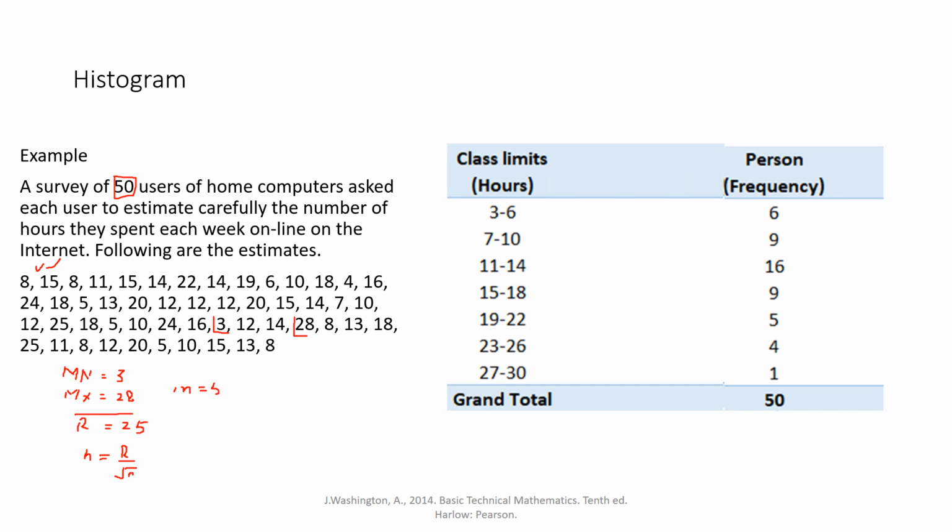So they are 50. If you could remember, it was coming 3.5, 3 point something.